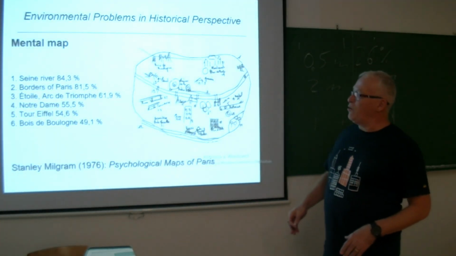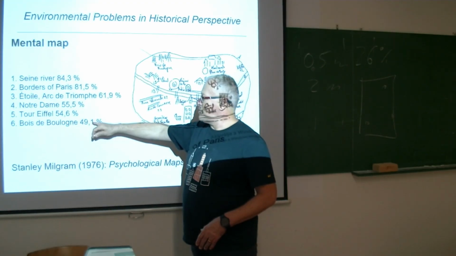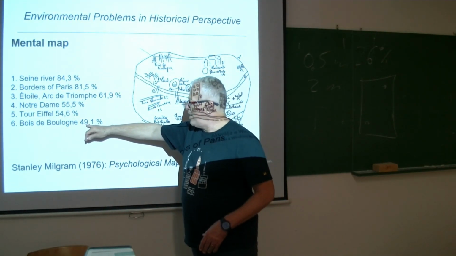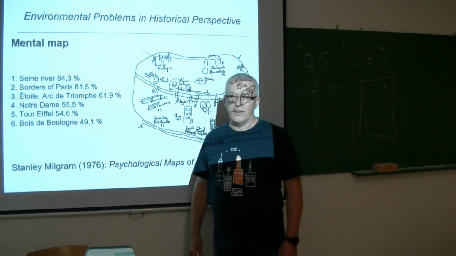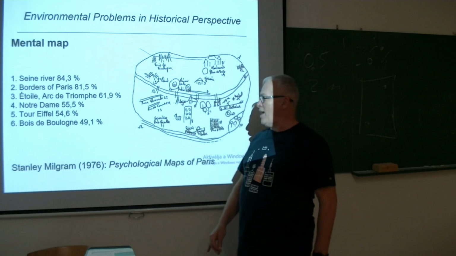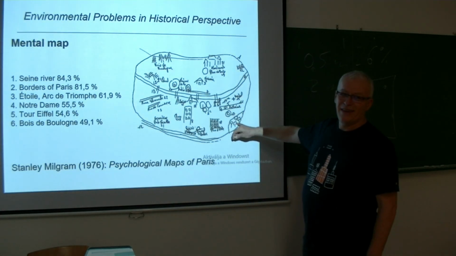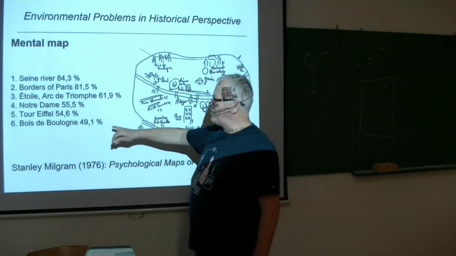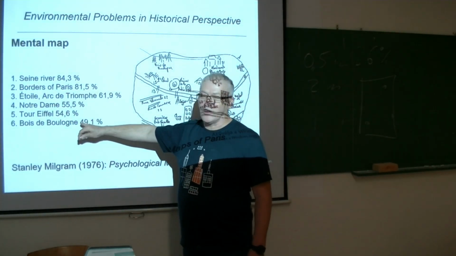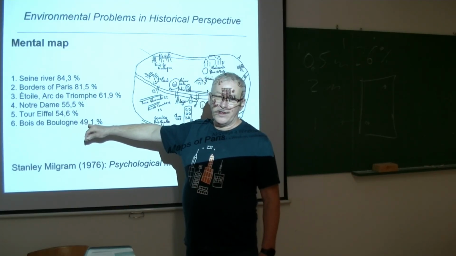And if we are looking, for example, at intensity of information, 50% men and 49.1% not only knew the location of Bois de Boulogne, but were able to draw it in the right place. Therefore, this is the most intensive information because the potential consumers, almost each of them, knew the location.